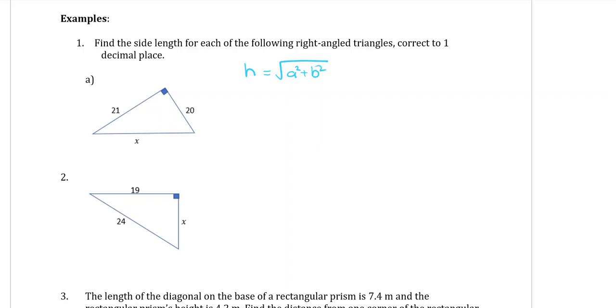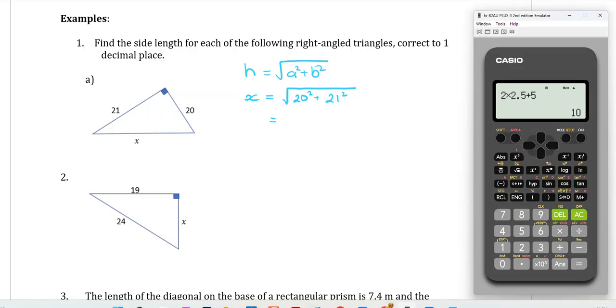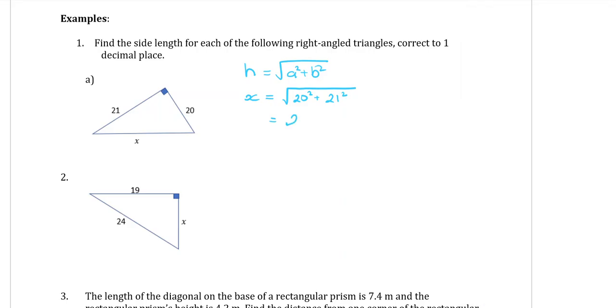Subbing into that formula, the side I'm trying to find, even though it's the hypotenuse, it's called x. So I'm going to do x equals big square root. The a and the b, it doesn't really matter which number is which, so I'm going to do 20 squared plus 21 squared. And then we type it into our calculator to get the answer. To 1 decimal place, there is no decimal places, so we just do 29.